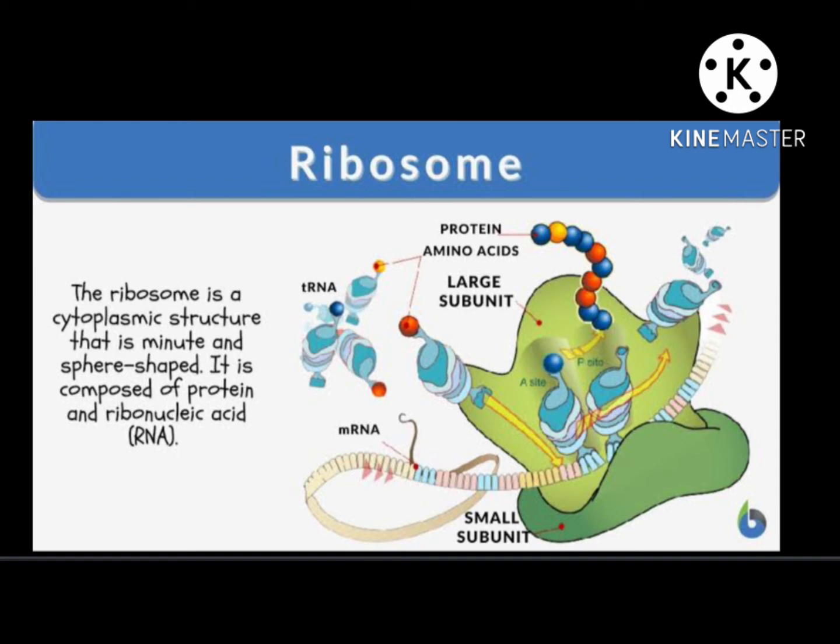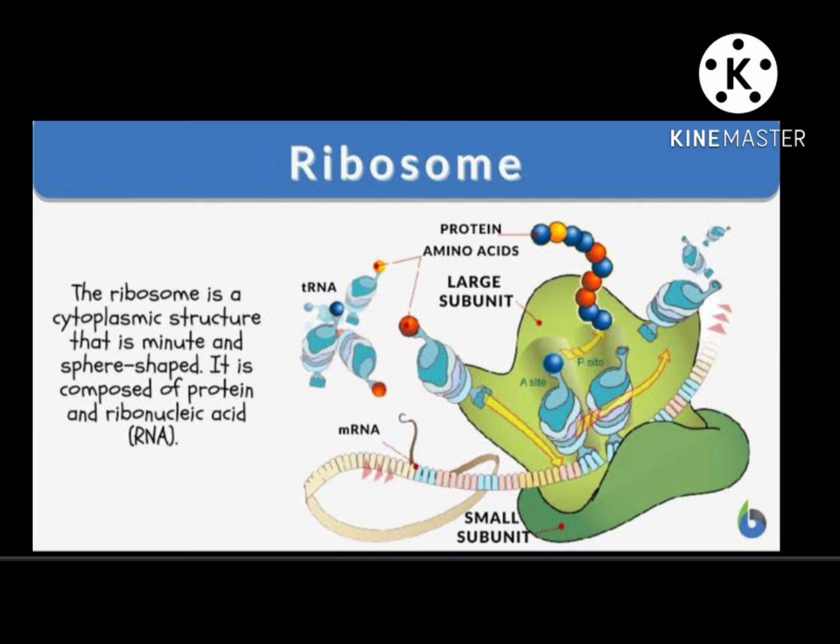But in eukaryotes, it is opposite to prokaryotes. The ribosomes are attached to the surface of the endoplasmic reticulum, and they are not free in nature. And then, how are ribosomes made, or what is the composition of ribosomes? The mixture of protein plus RNA gives rise to the ribosomes. When protein and RNA combine, they form the ribosomes.